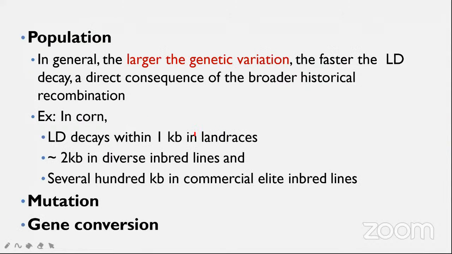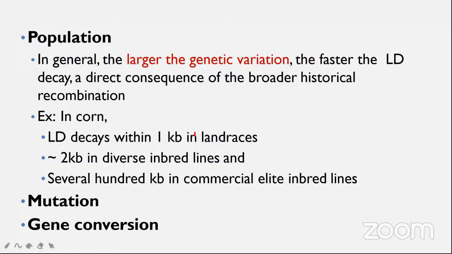If you have a larger genetic variation, there is a high chance there will be faster LD decay because of historical recombination. I mean to say, if you have a very large population, in that particular population, you have individuals with different amounts of recombination that lead to breakdown of allelic combinations, which in turn leads to a decrease in LD.